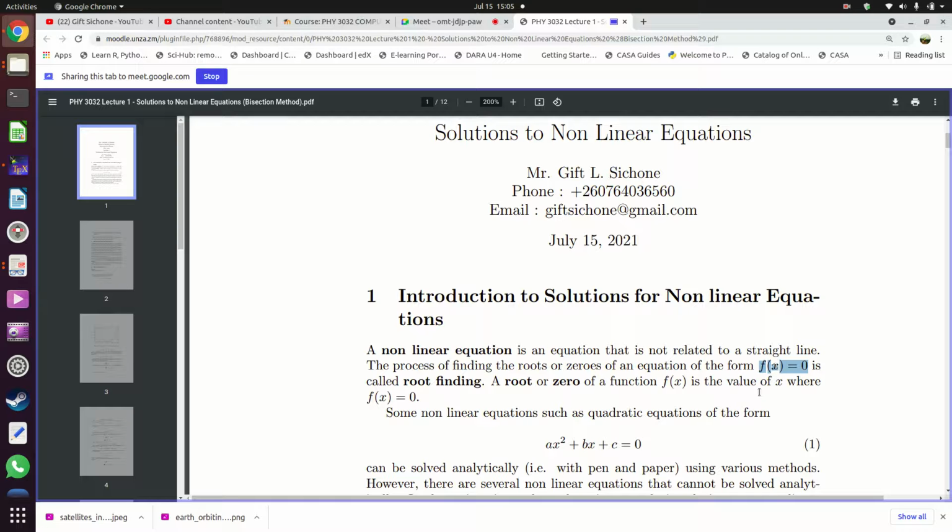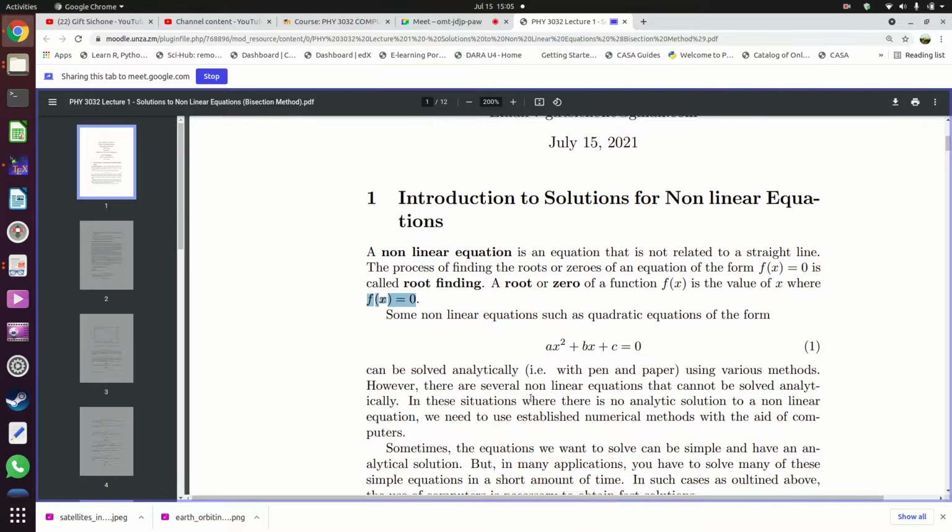In this case, when you're talking about finding a solution, then f of x has to be equal to 0. So the solution is the value of x where this function f of x gives you 0. The process of finding a solution is called root finding, and the value of x which satisfies the condition f of x equals 0 is referred to as a root or a zero.